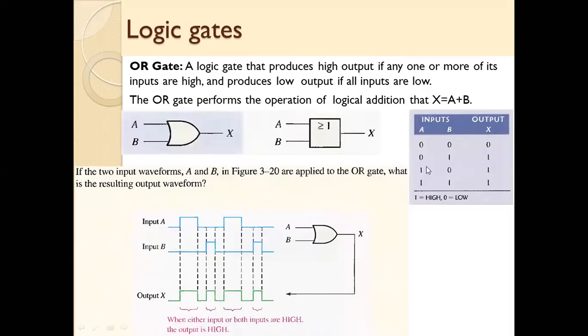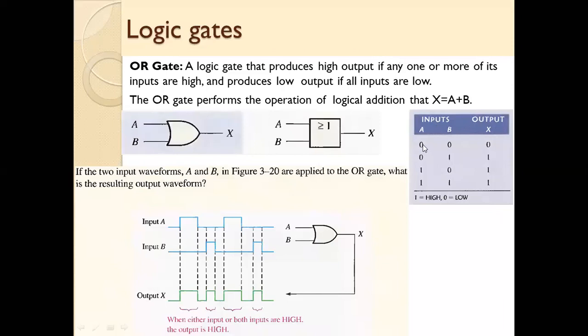This truth table is just for two inputs. I also explained that it is equivalent to logical addition, that is x is equal to a plus b. So a is one input, b is another input, and x is the output. Those two are the samples, and this is the truth table.